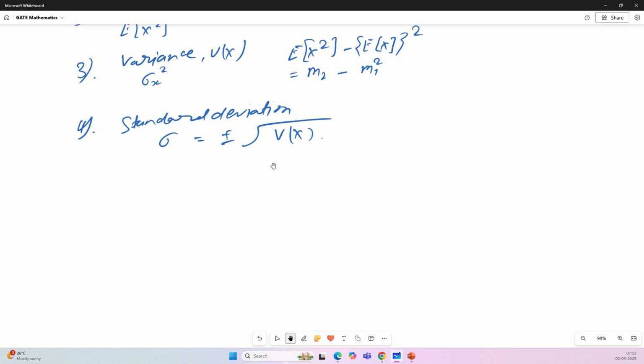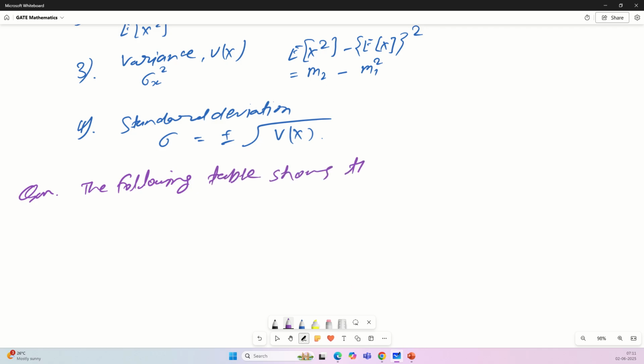Let us solve some questions so that you can have a proper understanding of how to get all these values. The question is: the following table shows the probabilities of a discrete random variable.